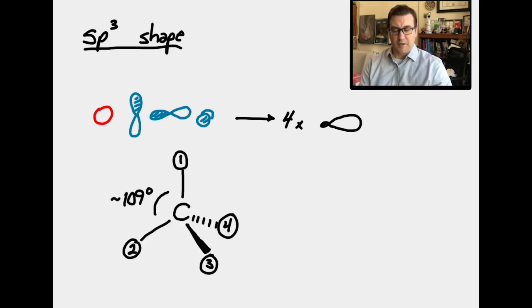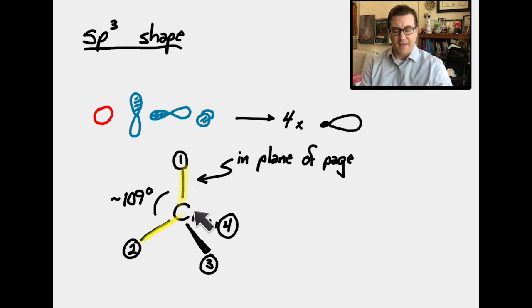Now if you look at how these four orbitals are oriented, there is roughly a 109 degree angle between all these orbitals. In this drawing, the way we represent these in organic chemistry is that lines drawn as simple lines can be thought of as being in the plane of the page.